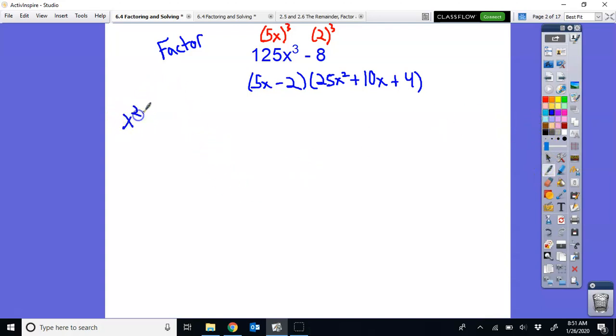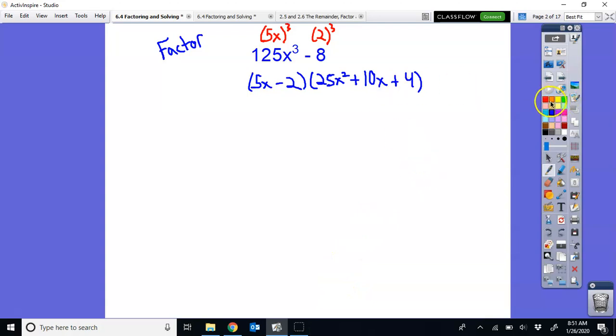If you had something like x squared plus 8, it's not going to work. That's not a cube. If you had x cubed minus 4, it's not going to work. That's not a cube. So it has to be a sum or difference of two perfect cubes for this pattern to work. Then it's just plugging the numbers in the correct spots.